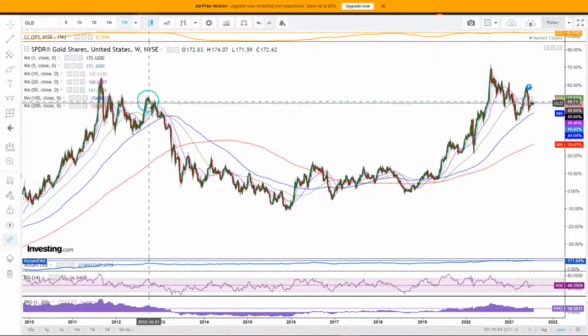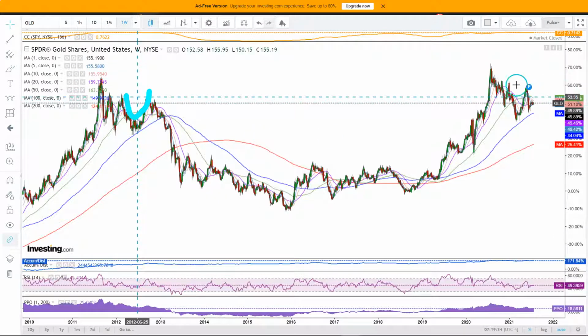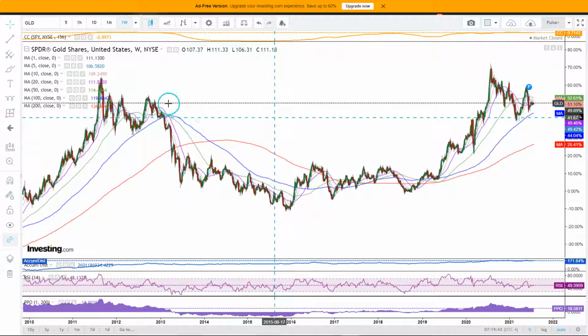After that, we did have this more major formation, which is reflected here. So there is a bit of a mirror effect going on. What we saw here is that after that formation, we did have sort of a W pattern again, and we could possibly be forming that going forward.